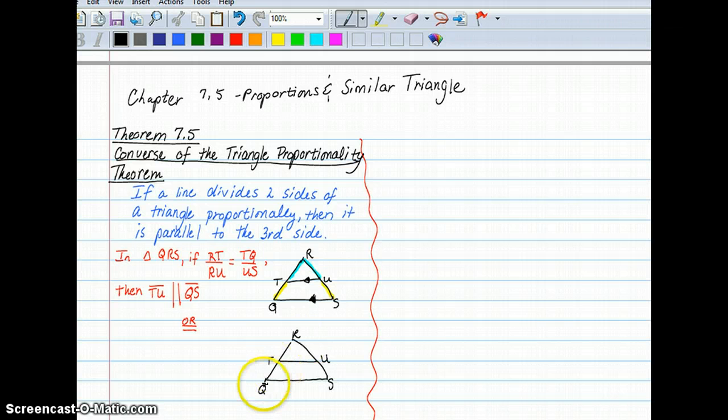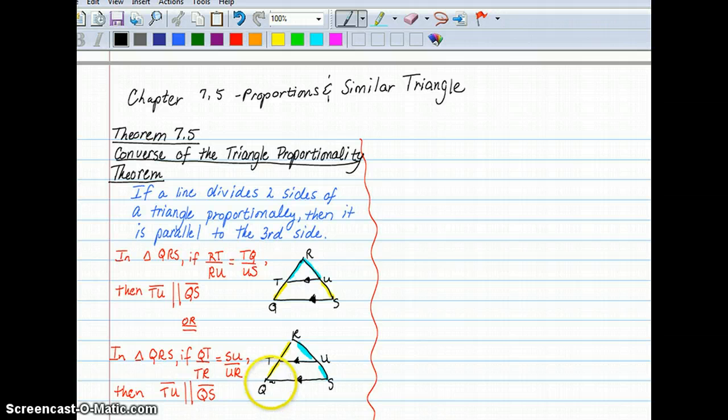In this triangle QRS, again, we're going to look at what's proportional, but I could make these two proportional to one another, and then these two proportional to one another. And so I looked at TQ to TR. Let's go ahead and write this. So if QT is proportional to TR and SU is proportional to UR, then TU will be parallel to QS.